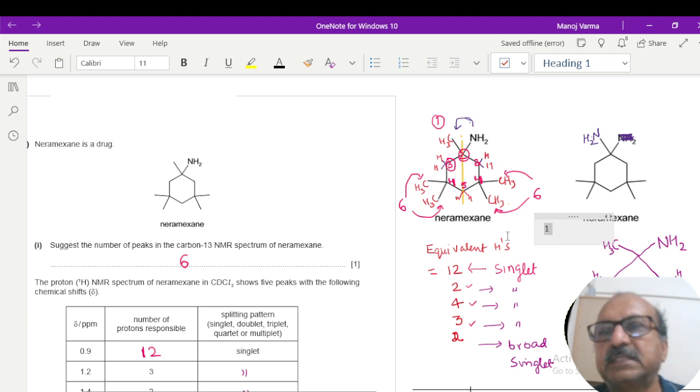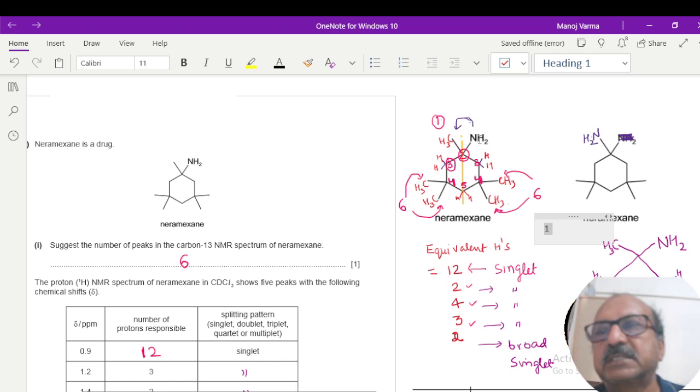As you can see, these 3, 6, 9, 12 protons are equivalent, and because of that they will give a singlet. These 2 protons are equivalent, then these 4 protons are equivalent, then these 3 protons are equivalent, and these 2 hydrogens are equivalent.